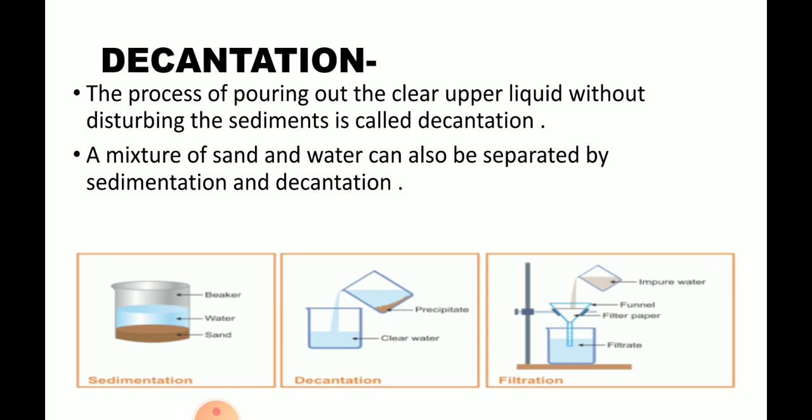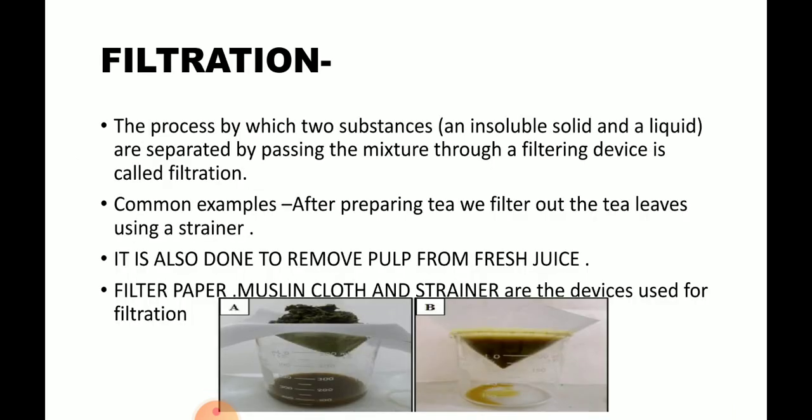Here I was telling you that nobody is going to drink dirty water. So see, the third picture is telling us about filtration. Here filter paper is used to make a funnel, the filter, and then that impure water is filtered. So we get clean water here, and this is called filtration.